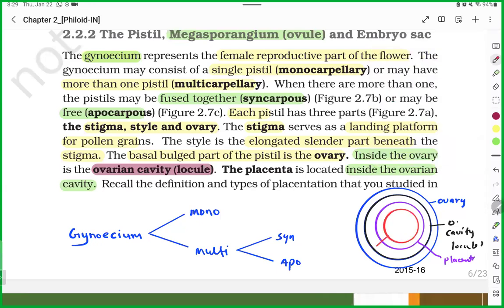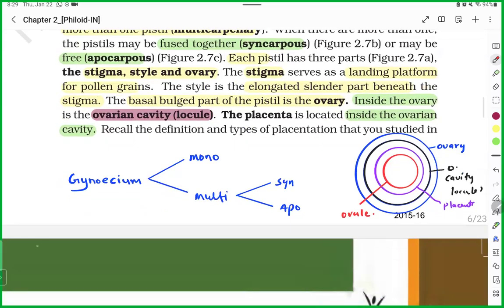This question can be asked if they ask a tricky question. Sequence: inner to outer or outer to inner. Ovary, ovarian cavity, locule, placenta, and ovule. Okay, write in sequence, so note it down in your notes. Outside to inside.